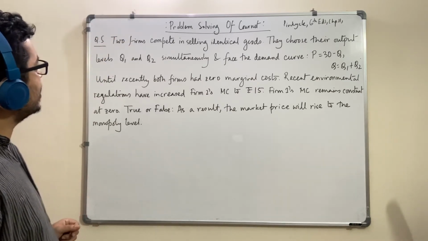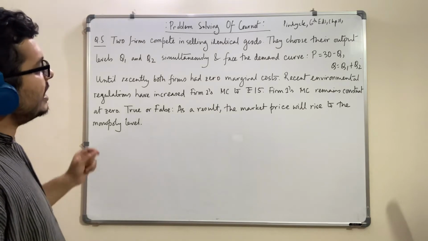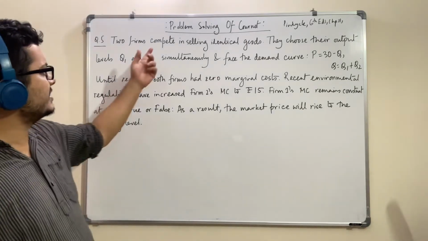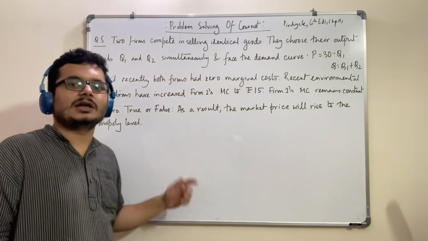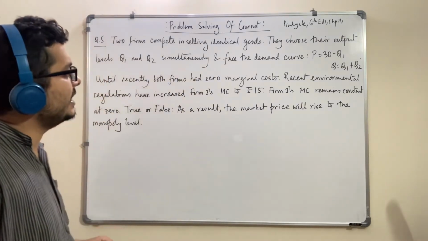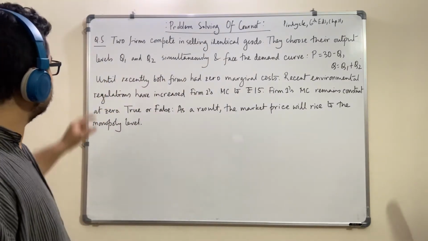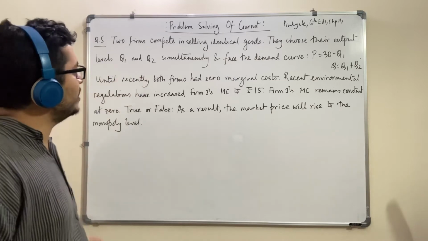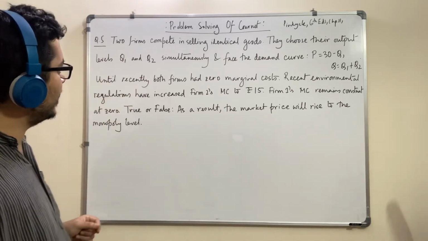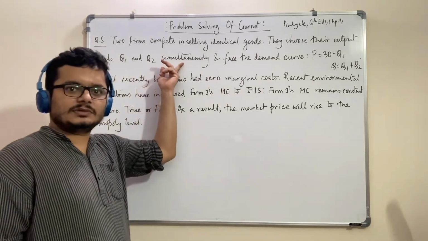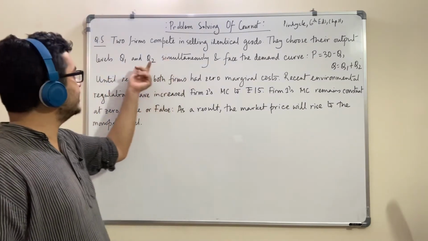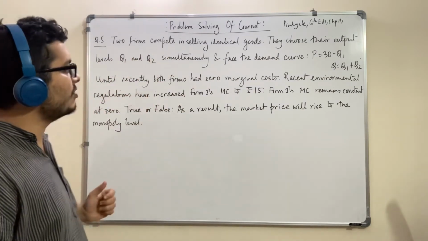Two firms compete in selling identical goods. So it is the Cournot model that we studied in the first class. They choose their output levels Q1 and Q2 simultaneously. This is the word simultaneously, and that they are choosing quantity makes it a Cournot model.